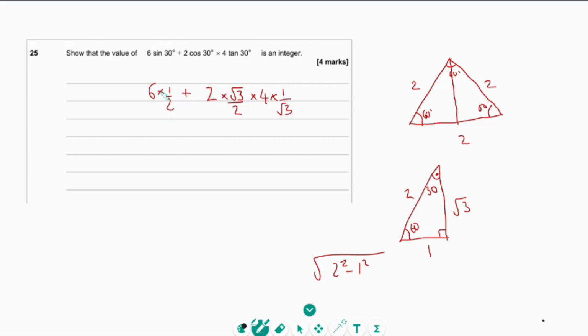Okay, let's multiply those together. 6 times a half is 3. 2 times root 3 times, well, we'll multiply all of this together. And we get 2 times 4 is 8 root 3 all over 2 root 3. Root 3 divided by root 3 is 1. 8 divided by 2 is 4. So our answer is 7.